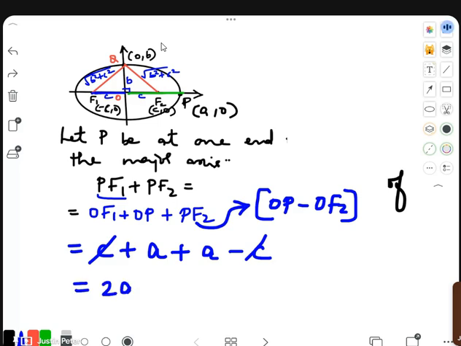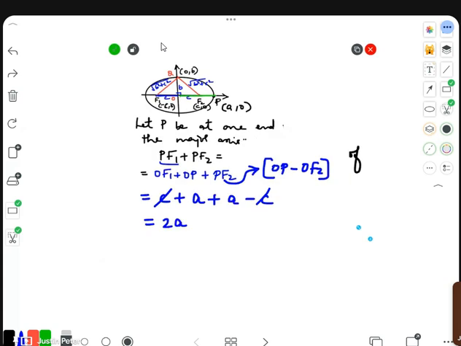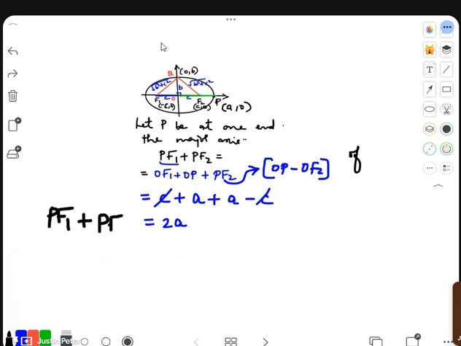Are we getting 2a now? Okay. Now let's take PF1. So this is the value of PF1 plus PF2. Correct? This is equal to what? 2a.